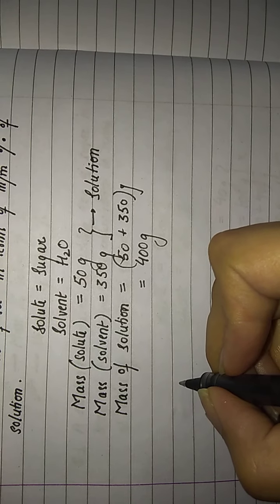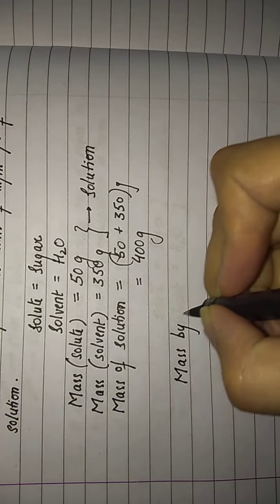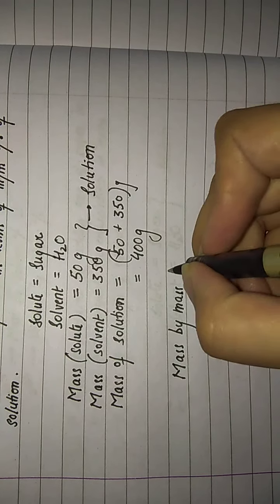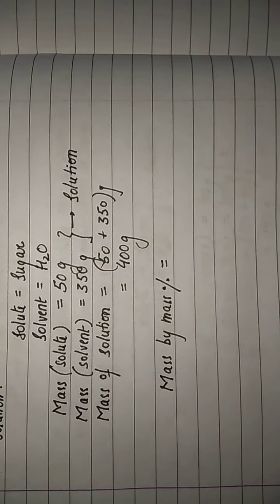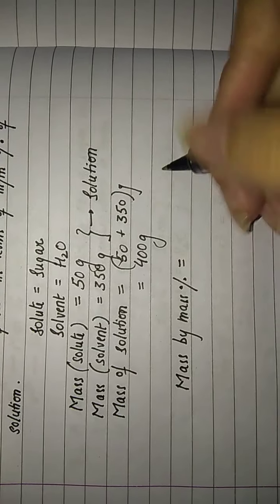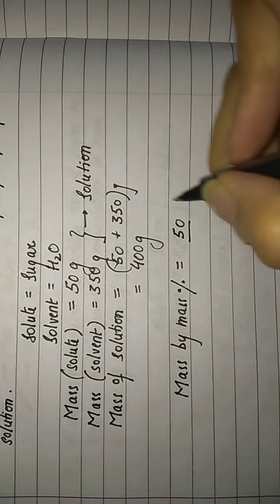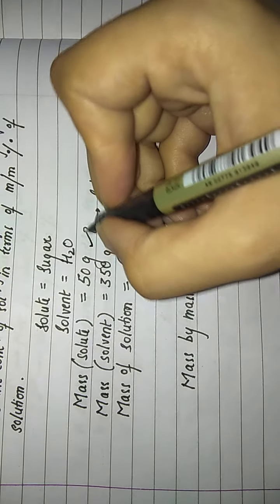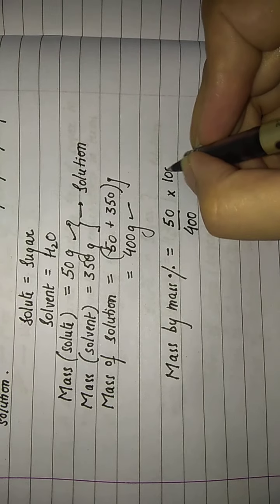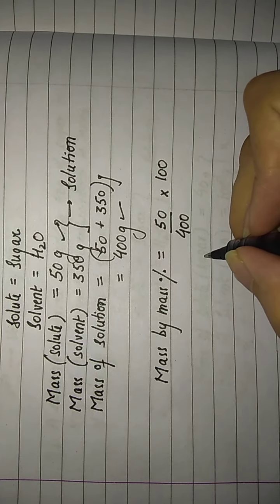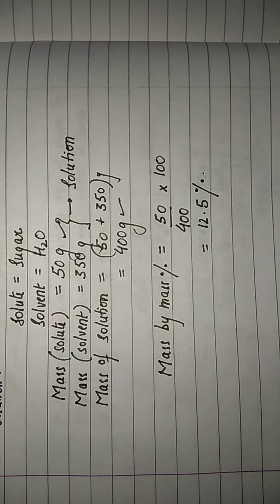So directly calculating the mass by mass percentage, I'm not writing the formula again because we've already seen it in the previous question. So it is mass of solute, which is 50 grams, divided by mass of solution, into 100, right? So it will be equal to 12.5%.